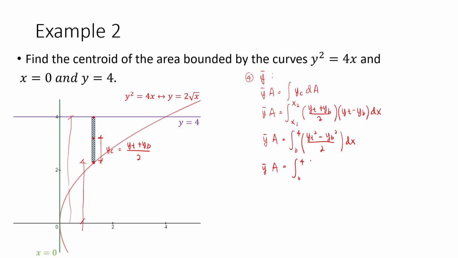So from 0 to 4, you're going to have 4 squared minus 2 square root of x squared all over 2, dx. So bar y times 5.33 is equal to this term here. And then you have your bar y.